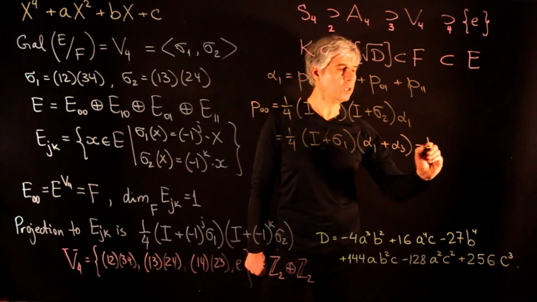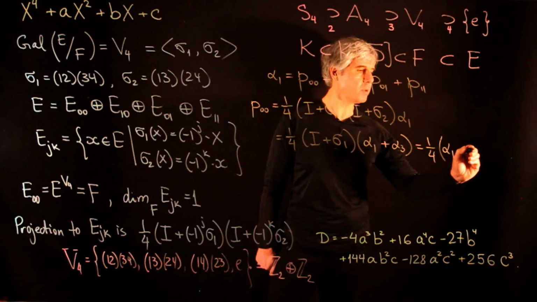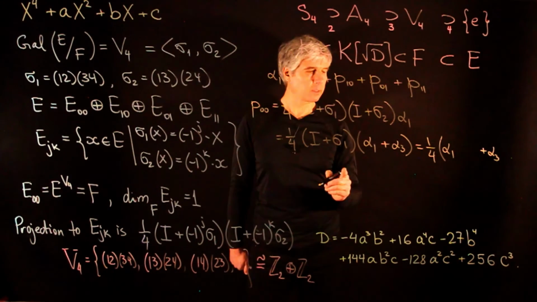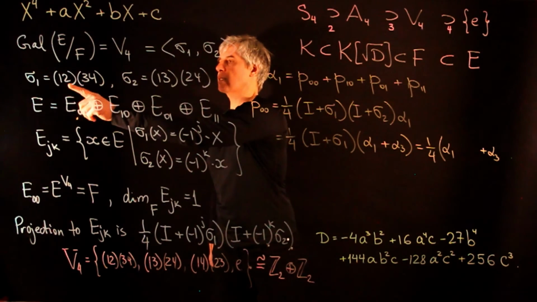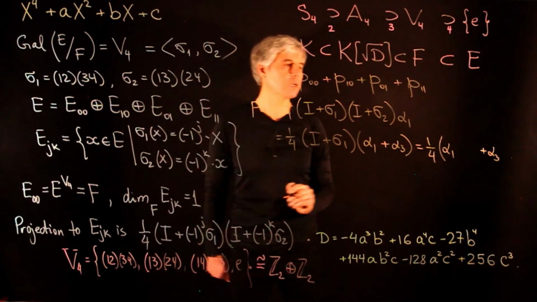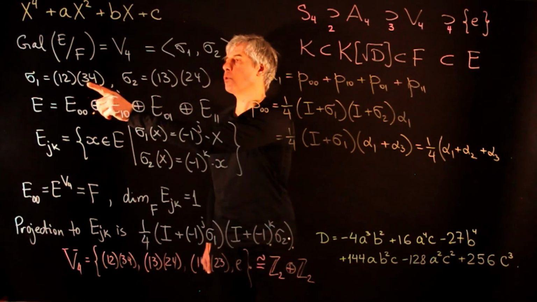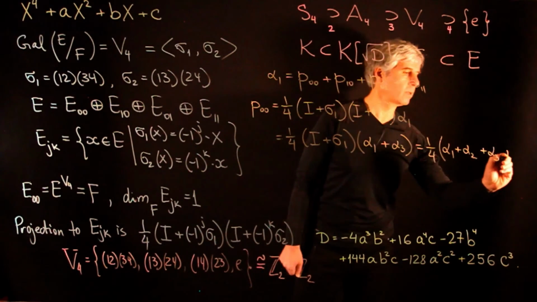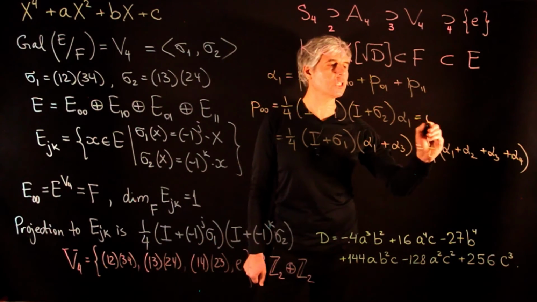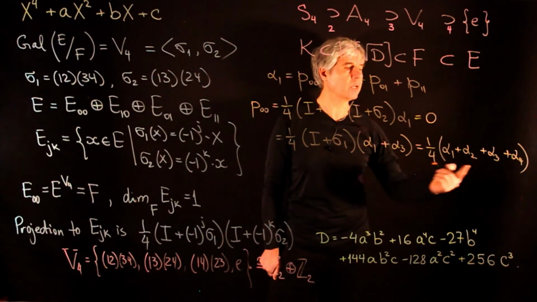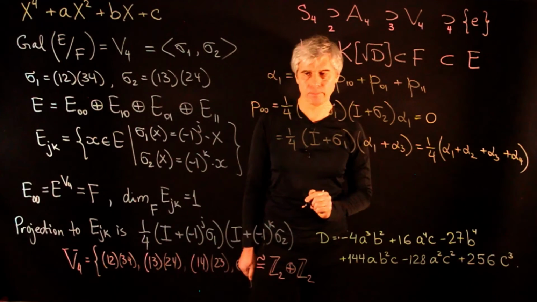And when we apply sigma 1 to alpha 1, well, sigma 1 is (1 2)(3 4), so we'll get alpha 2. And alpha 3 is transformed into alpha 4 by sigma 1. And we see that the result of this calculation is 0, because by Vieta's theorem, the sum of the roots of an equation in depressed form is equal to 0.